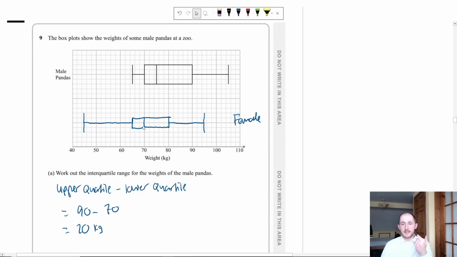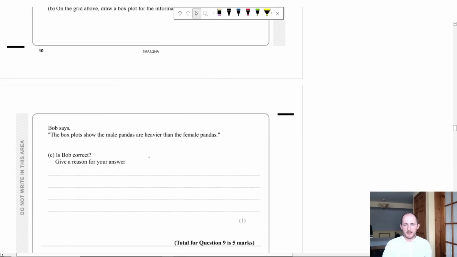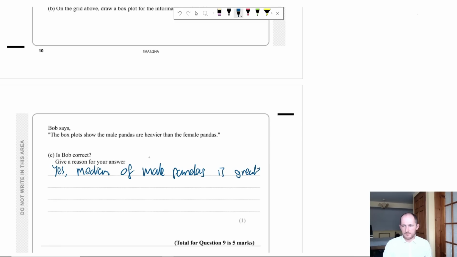If we're looking for the actual value, though, we look at the average, which is the median. So all I would say here is that he is right because the median of the female pandas is lower than the median of the male pandas. So yes, the median of the male pandas is greater than the median of female pandas.